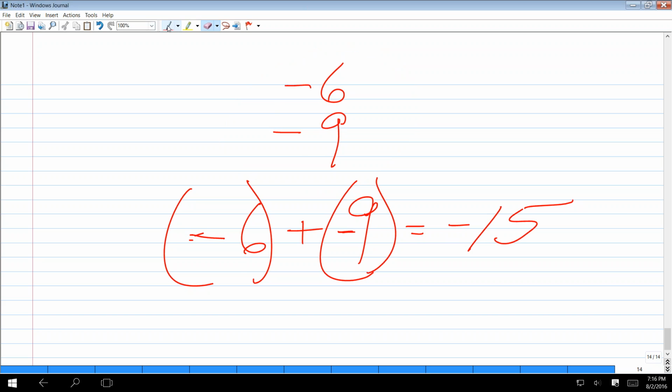Or you can put the plus sign out there: it's really negative 6 plus negative 9. It's the same problem as negative 6 minus a positive 9. All right, let's go back to math A plus here.